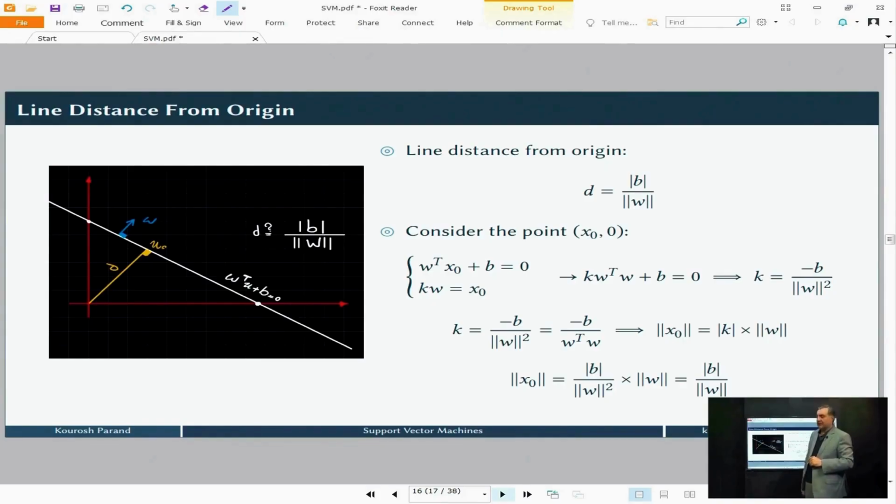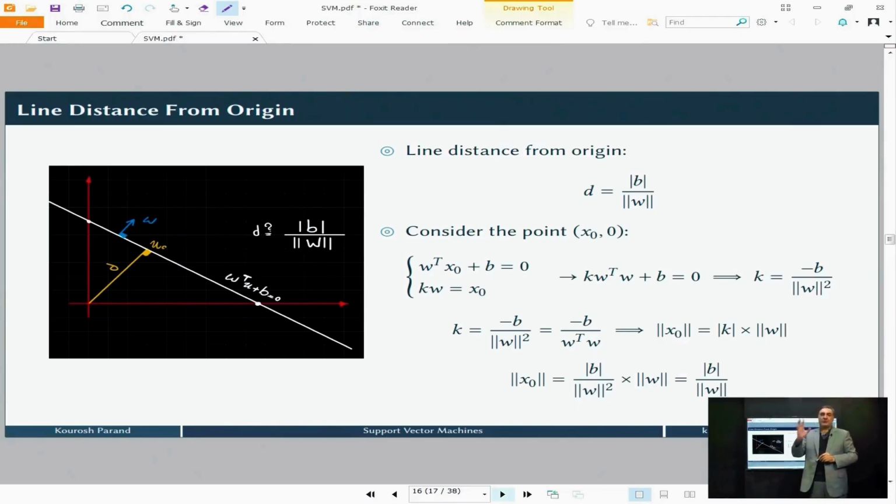We want to calculate this. The answer to the question is this. The distance of this hyperplane, here it's a line, from the origin is equal to the absolute value of b over the norm of w.